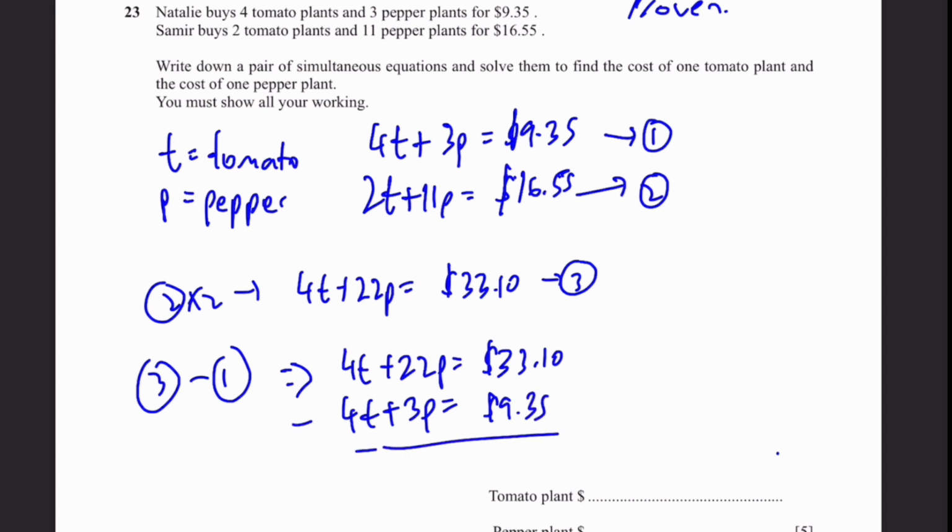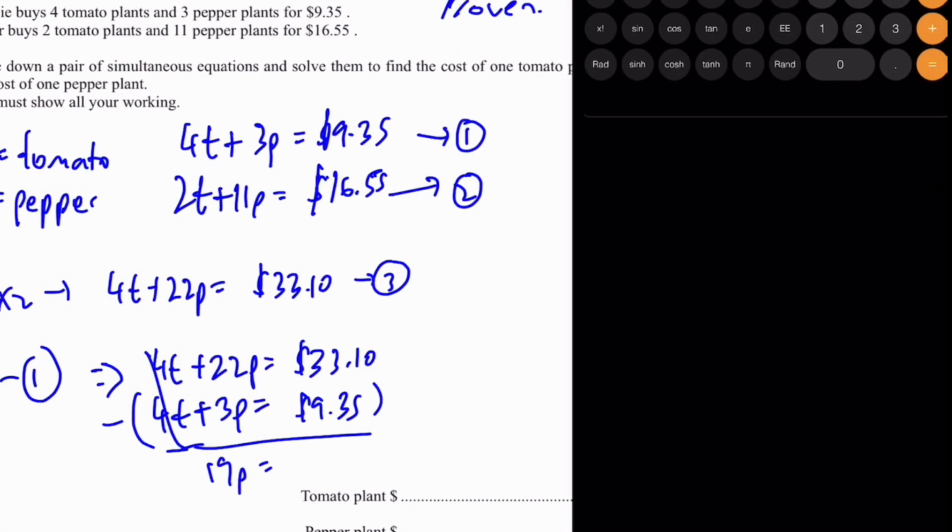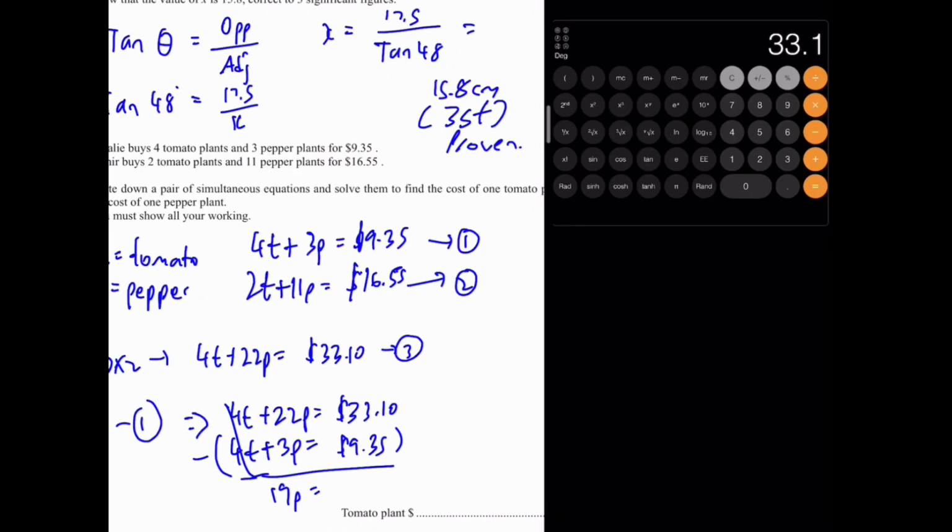We can subtract the whole thing here, and that'll cancel this out. 19P is equal to, let's get our calculator out, 33.1 minus 9.35, which is $23.75. And now P is equal to, when we divide by 19, $1.25.